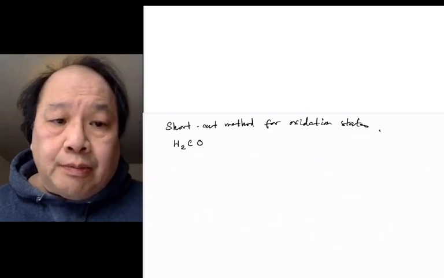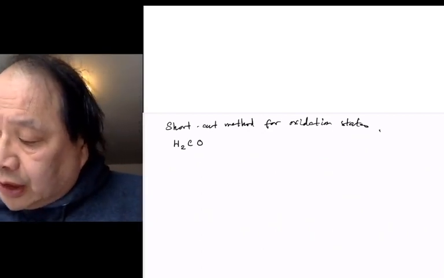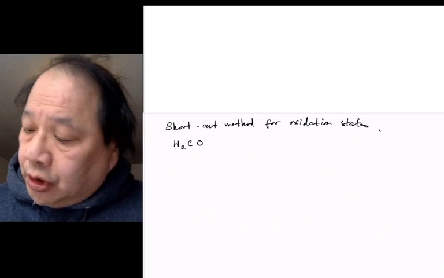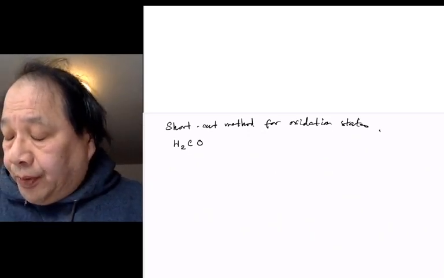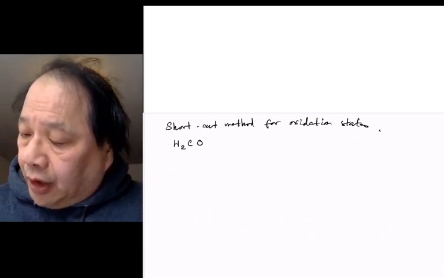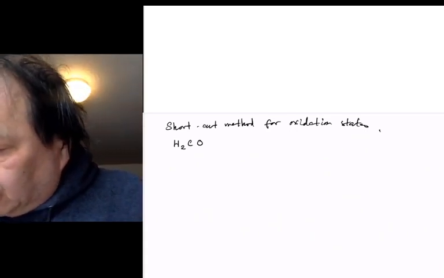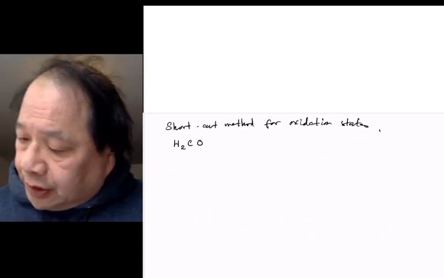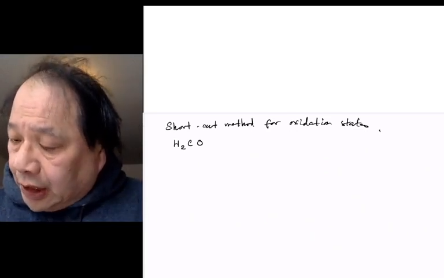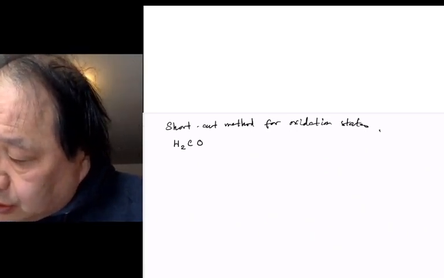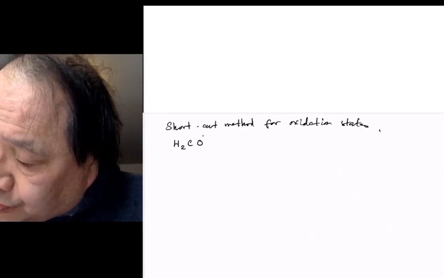Which of these elements are closest to the edge of the periodic table and most likely to achieve their preferred oxidation state? On the right side, it's oxygen. So the oxygen will be -2.